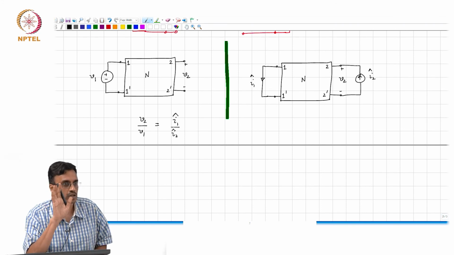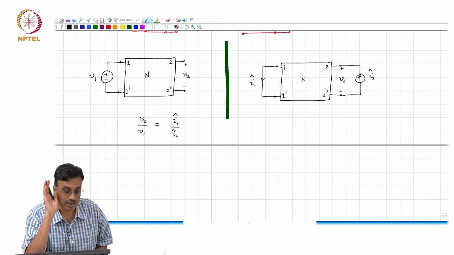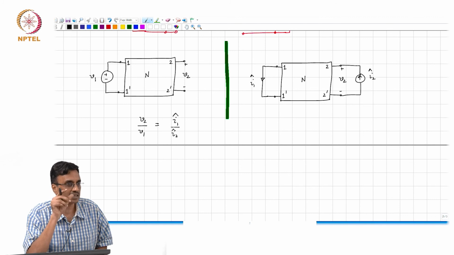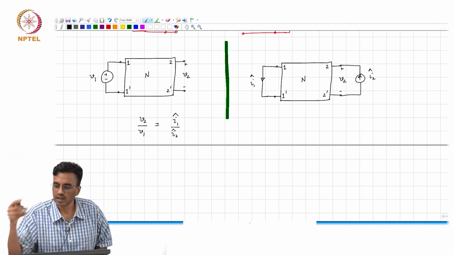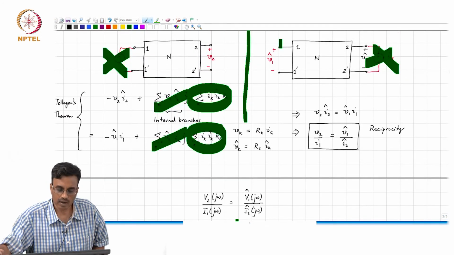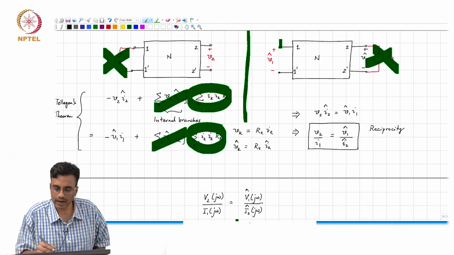But an impedance is not a source. Reciprocity applies to a linear network where all the branch currents can be expressed linearly as a function of the branch voltages. So, the comment was, does it hold for any linear network? It holds for all such networks.